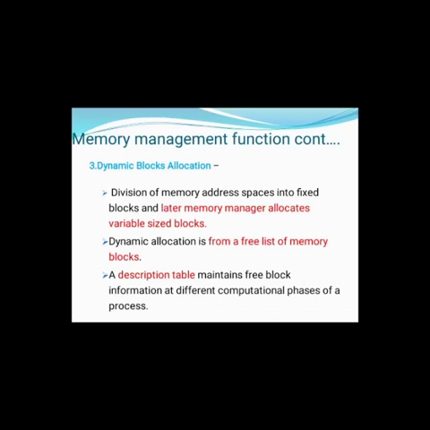That is, dynamic allocation is from an unused list of memory blocks. A description table maintains unused block information at different computational phases of a process. In one way, dynamic memory allocation has more advantages than fixed block allocation.